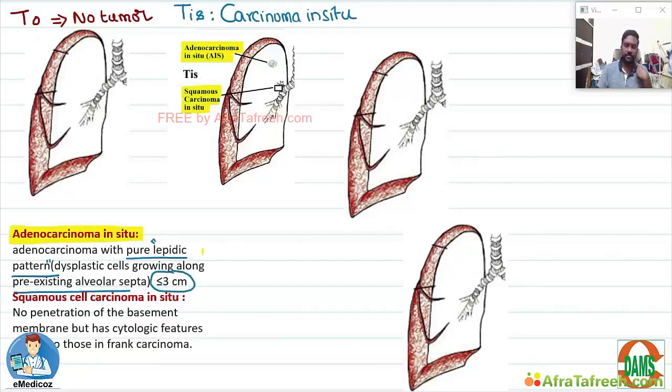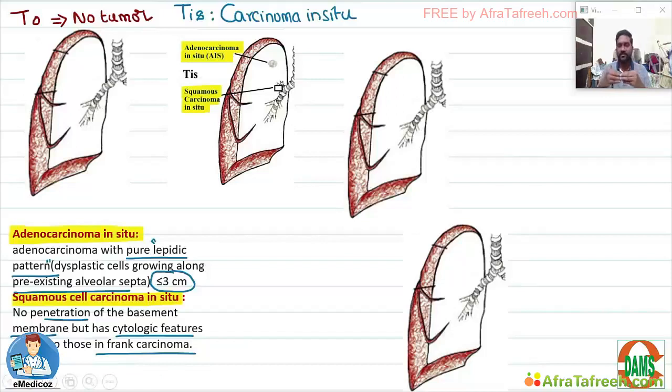Whereas squamous cell carcinoma in situ is another variant. There is also no penetration of the basement membrane, but it has cytological features similar to those in frank carcinoma. So it is just before frank carcinoma is going to happen.